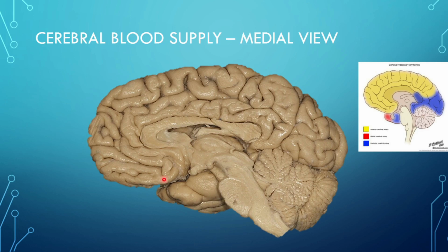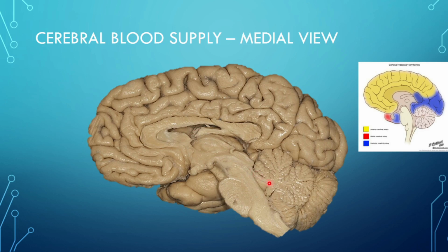So now what we see is the medial view of the cerebral cortex. So this is everything that would be within that longitudinal fissure that we mentioned earlier on. We can also see half of the brainstem and the right cerebellar hemisphere as well. You can also see the ventricles that we were referring to earlier.